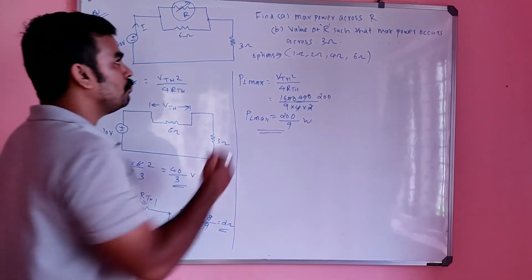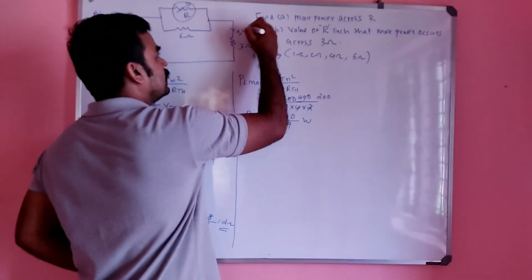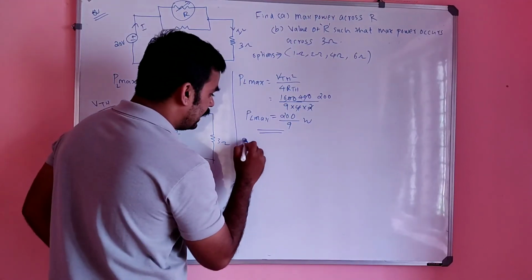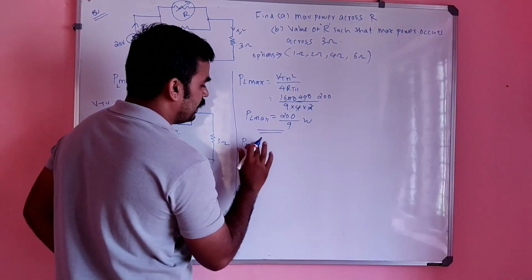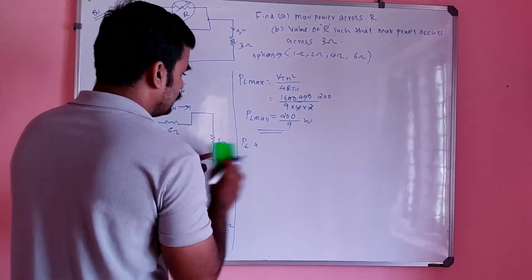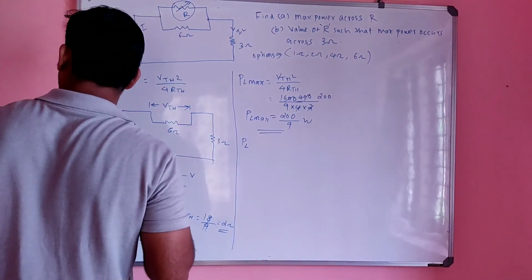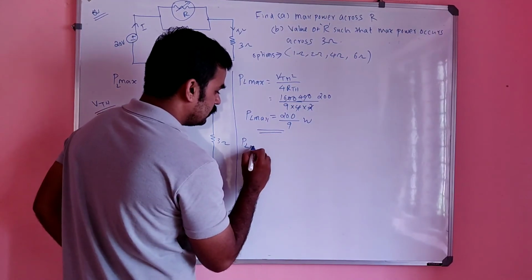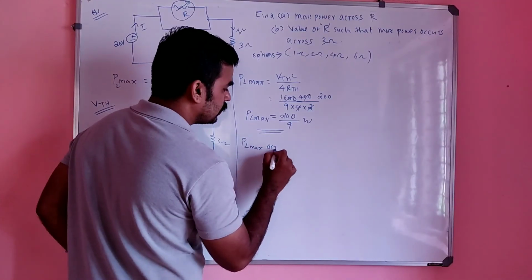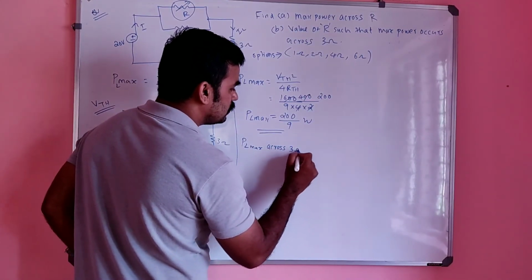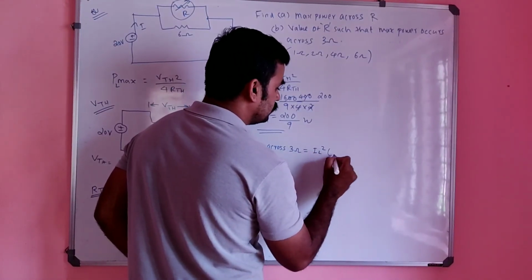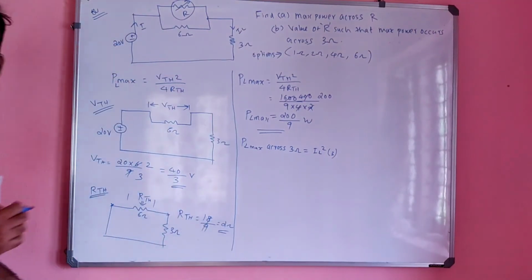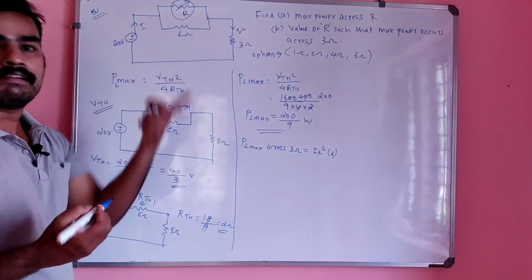Maximum power across 3 ohm means, suppose this is the load current IL, then I can write PL max across 3 ohm equal to, what is that? IL square into 3. Correct? I square into R will be maximum power.